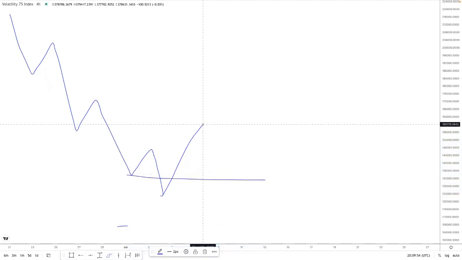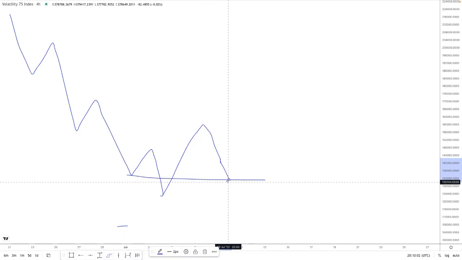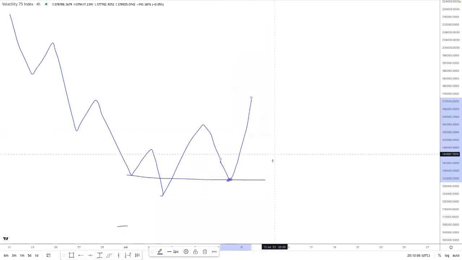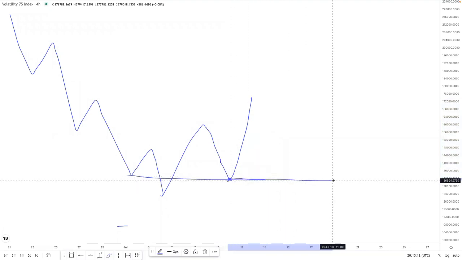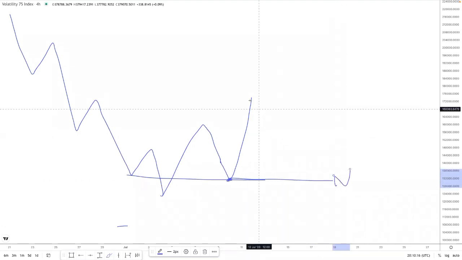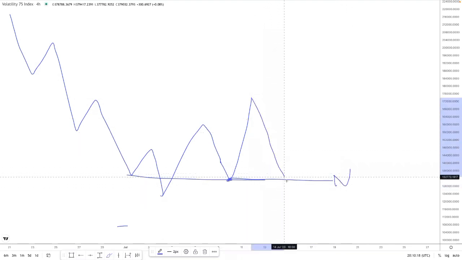Price could start making some lows. After price making some lows, price could actually respect our invalidation point. Then price could start making some highs. So this structure right here will be our new invalidation right here. We will be expecting price to make some lows, respect.